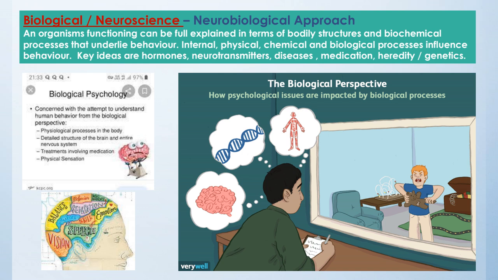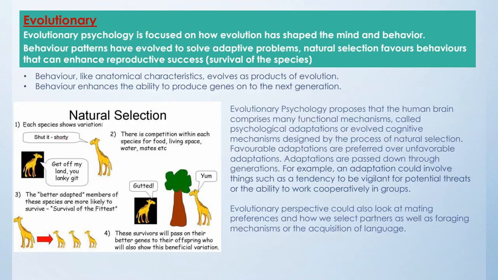So it's very much concerned with the attempt to understand human behavior from the biological perspective. So we unpack the brain in great detail. We unpack how the nervous system works. That's where it gets to be a little bit like a life science lesson for you.